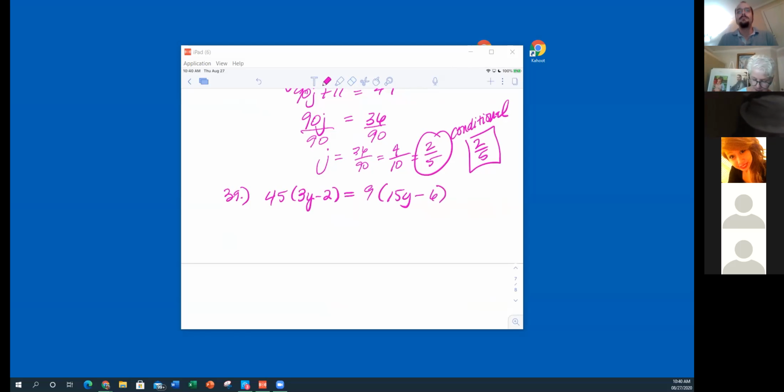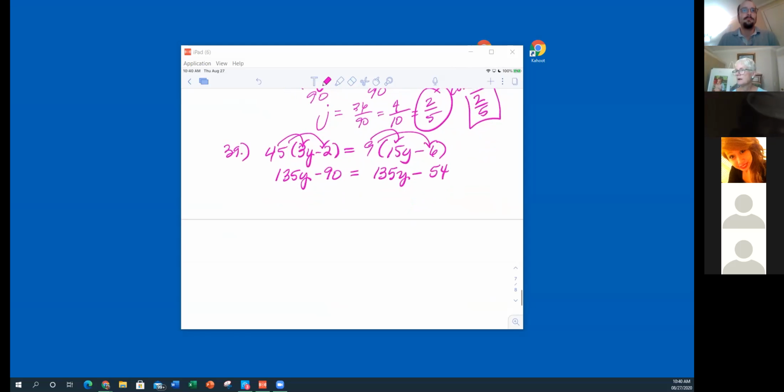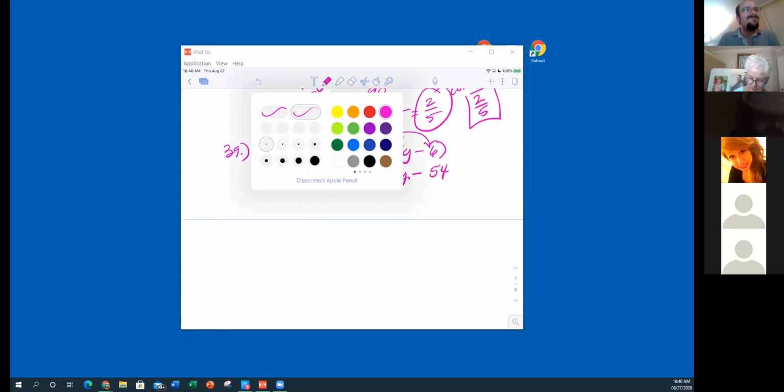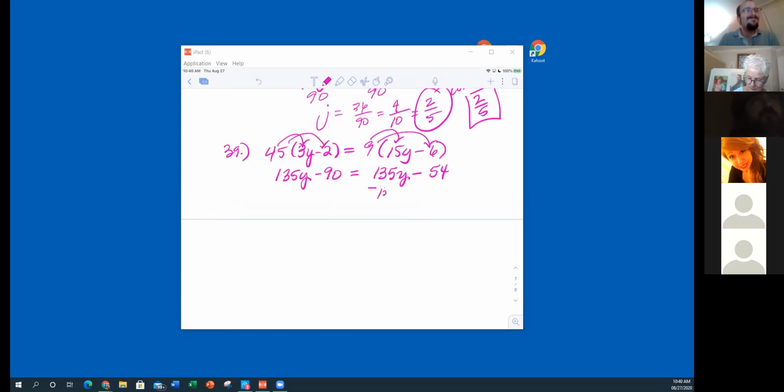This gives me 135y minus 90 equals 135y minus 54. Now I'm going to subtract 135y from both sides, and I get negative 90 equals negative 54.